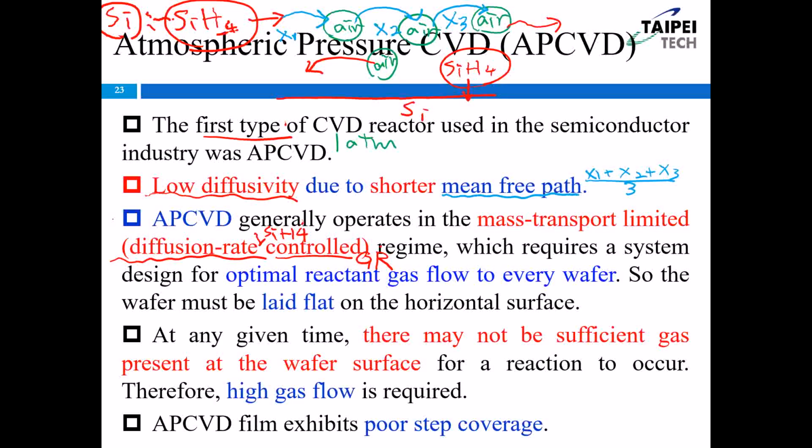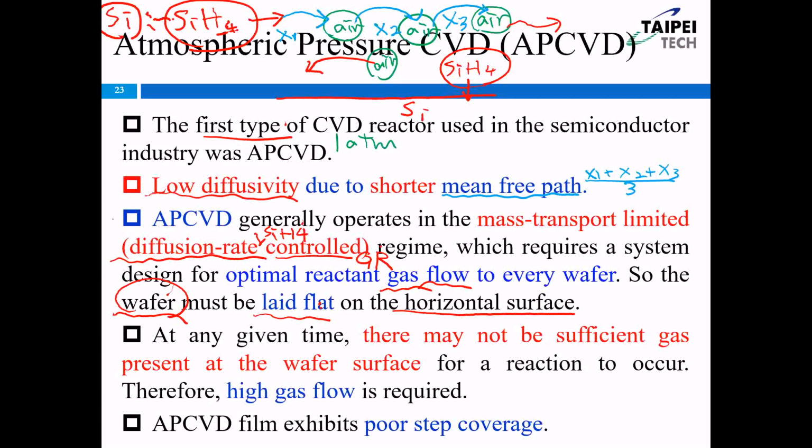So that's the reason all of the silicon wafers must be laid flat on the horizontal surface, because we want to make sure each wafer has the uniform gas flow across the wafer. So the wafer must lay flat on the horizontal surface.